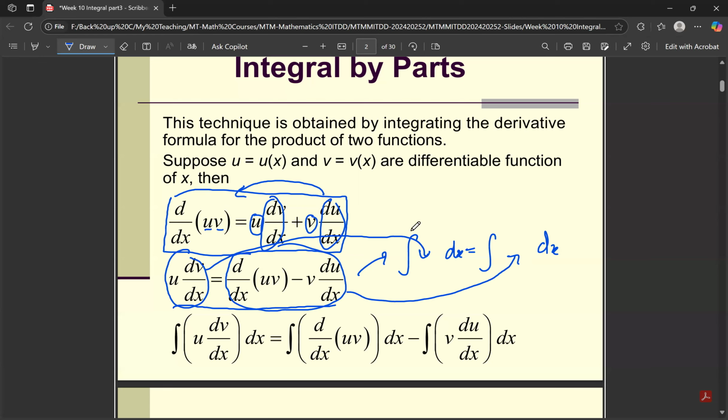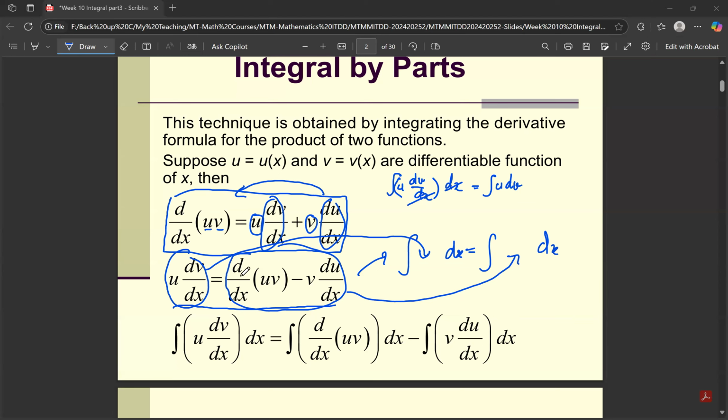From the property of integral, we have the integral of u dv dx over x. It looks like we can cancel out here. So in the left side we have the integral of u dv. For the right side, we have the integral of d/dx of uv dx.